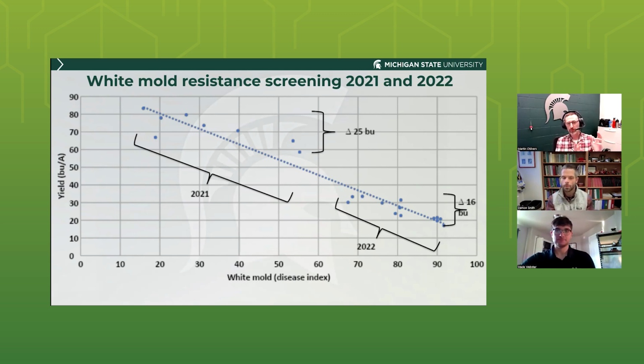But within a year, you'll see a spread from most resistant, least amount of white mold development, greatest yield, through to those developing the most disease and losing yield because of that. My point to this slide is that within these couple of years, you could be looking at a 10, 15, 25 bushel difference between a variety that's really susceptible compared to something that has a better resistance package. So variety selection is really important.